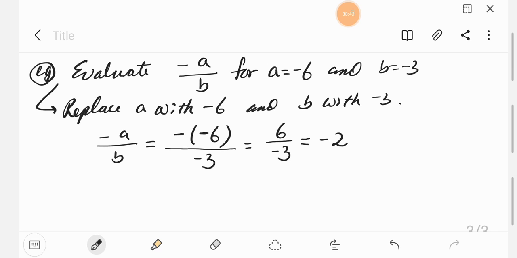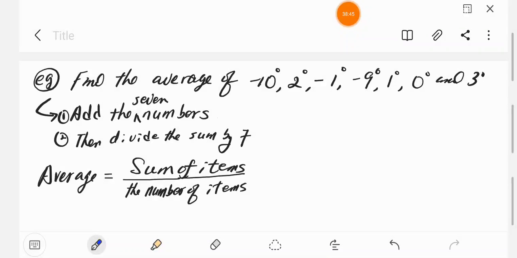Word problems, application problems. Find the average temperature of the following numbers. There are 7 temperatures: negative 10 degrees, 2 degrees, negative 1, negative 9, 1, 0, and 3. To find the average, always make sure to find the total of all the items.